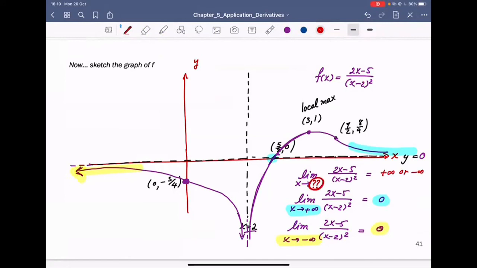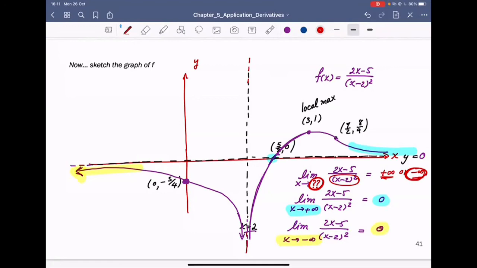If I want plus or minus infinity, I need the denominator to be 0, right? That means that number must be 2. So that's why I compute the limit as x approaches 2, to check that this is going to be a vertical asymptote. So I can draw the dashed line here at x equal to 2. And you can see from the graph that this is negative infinity. So it's going to go to negative infinity. All right.